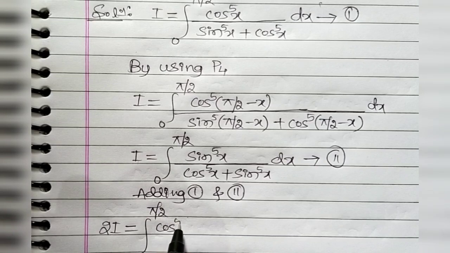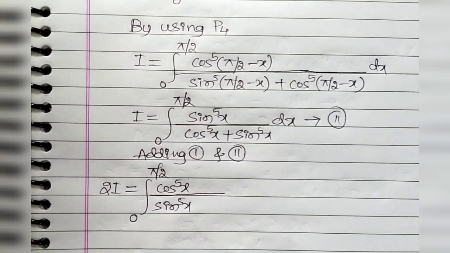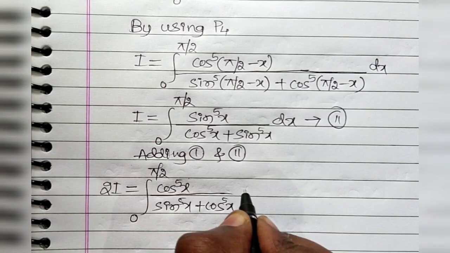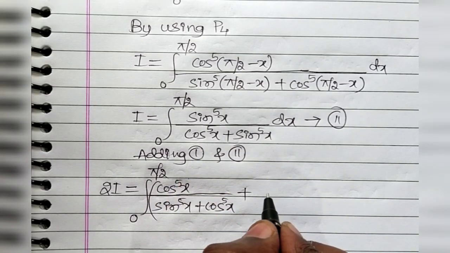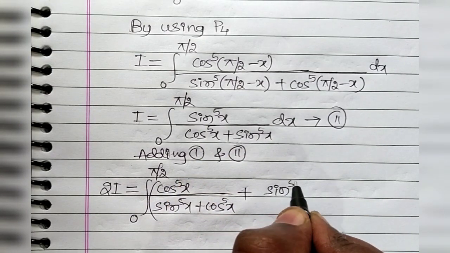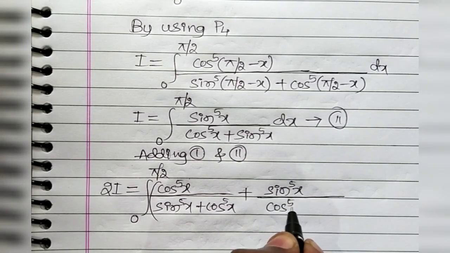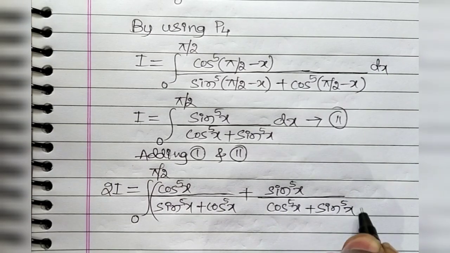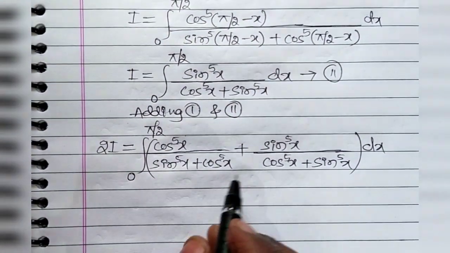It is cos to the power 5x divided by sin to the power 5x plus cos to the power 5x, plus, here you put the bracket. Now you write this sin to the power 5x divided by cos to the power 5x plus sin to the power 5x, dx. So now you have the same denominator.